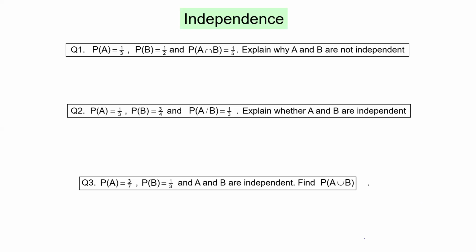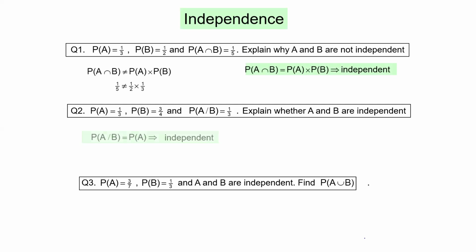Okay, sir. So when we are finding A union B, we are getting 19 over 30, I believe. But then when you multiply A and B together, we are getting 1 by 6. So they're not independent here.